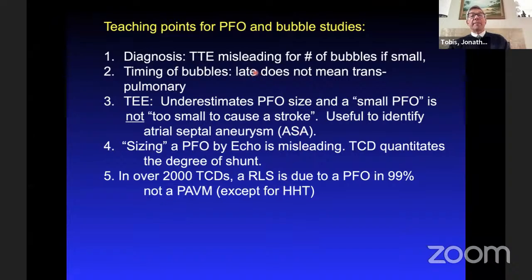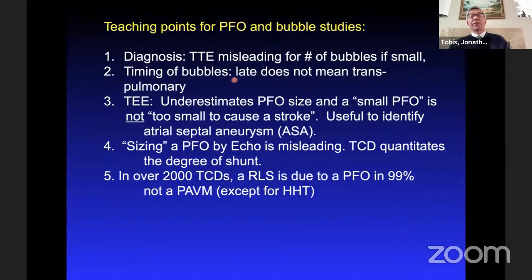One of my pet peeves is the literature on PFO is often based on echocardiography, and a transthoracic echo is misleading because if only a few bubbles go across, they say it's a small PFO, but this is not very accurate compared to a transcranial Doppler. Also, they'll say on the echo report, the bubbles come in late.